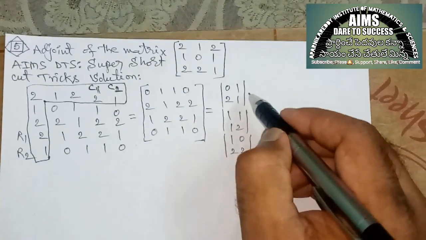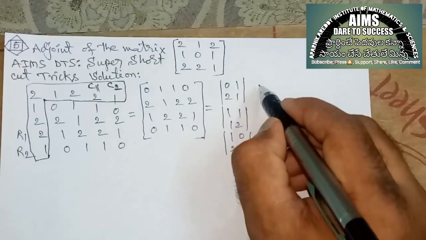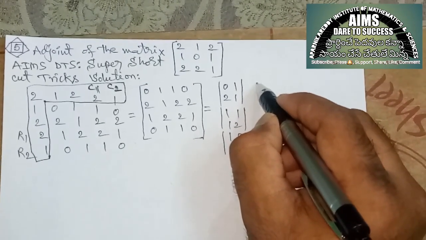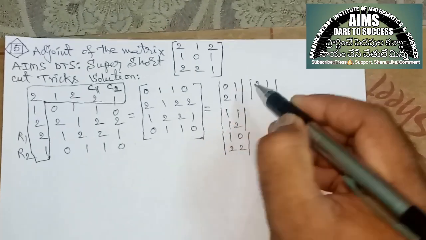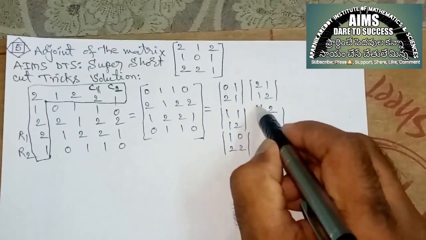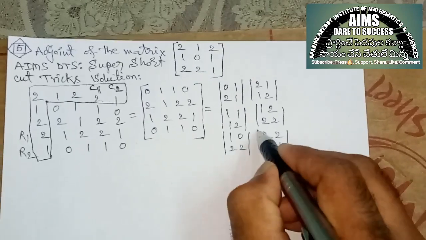Column 1 completed. After that, leave row 1, take row 2 and row 3 and write in column 2: 2 1 1 2. After that 1 2 2 2. After that 2 2 2 1.